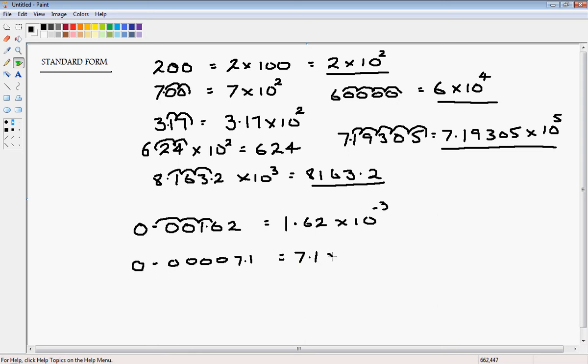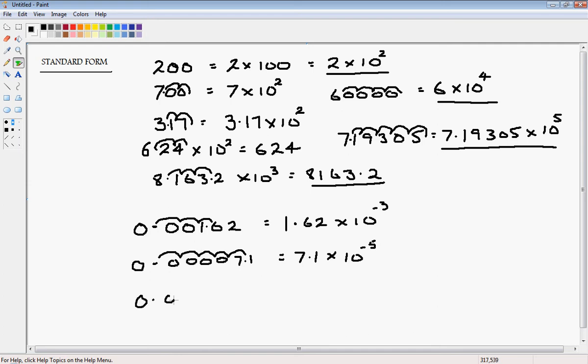So I have 7.1 multiplied by 10 to the power of, and then I just count the decimal places until I get to the point that I want it. So 1, 2, 3, 4, 5. But because it's a decimal number, it's to the minus 5.